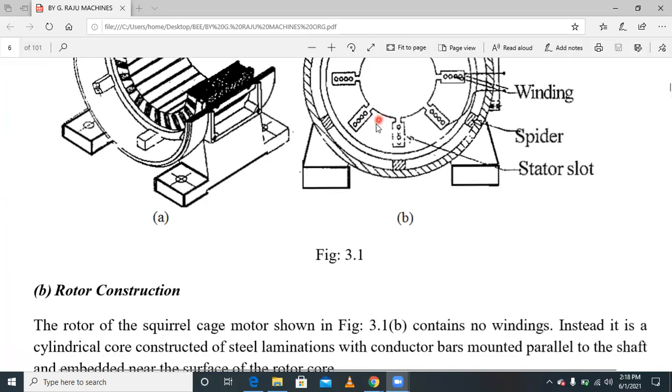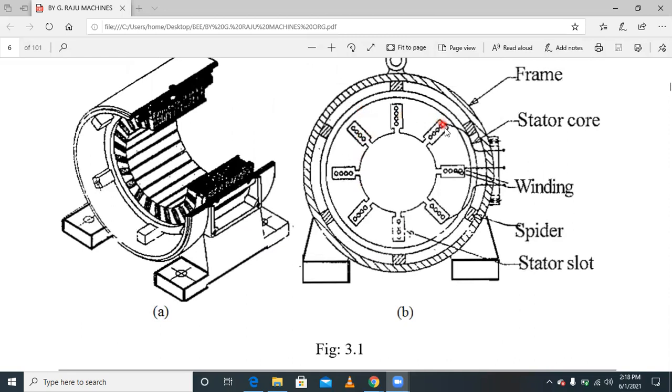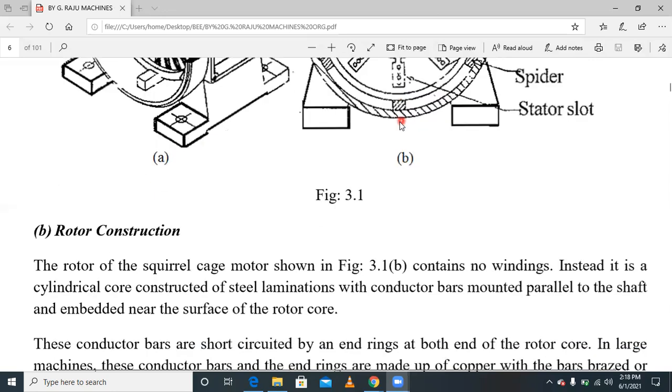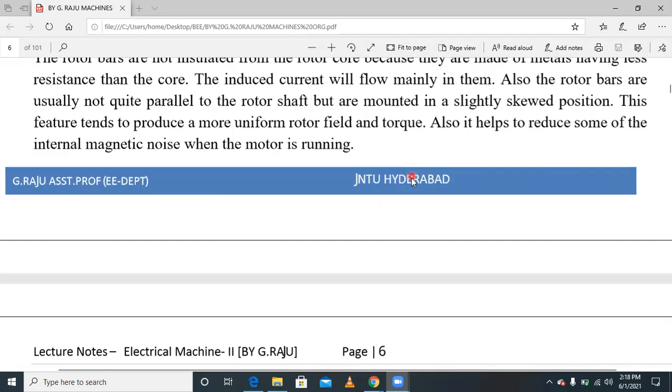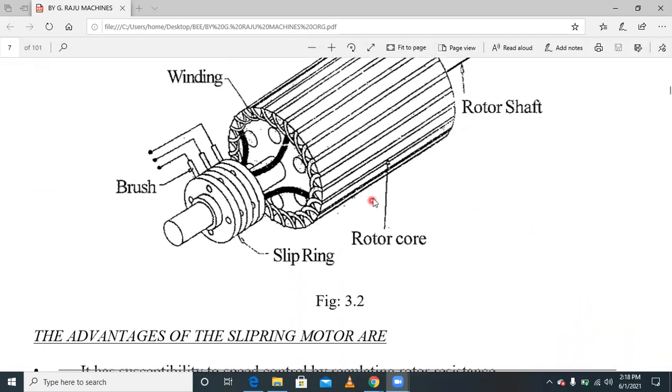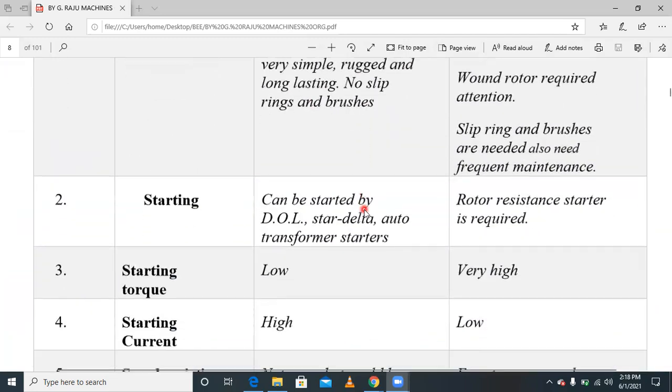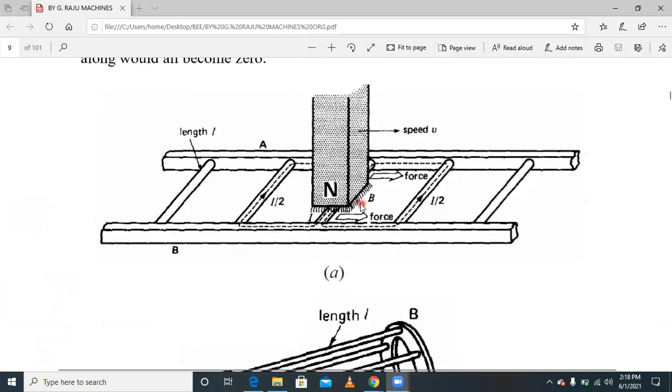When we give the power supply to the stator winding, the magnetic field rotates. In this example, I consider that rotating magnetic field as a permanent magnet moving over the ladder.